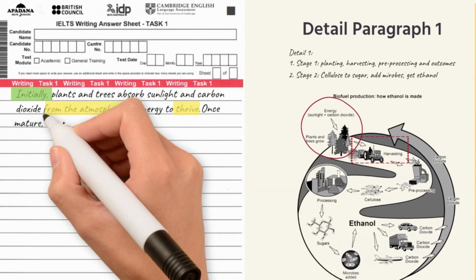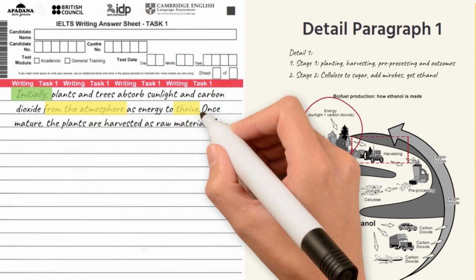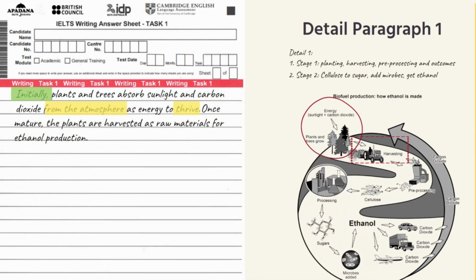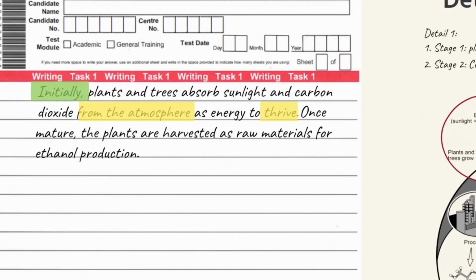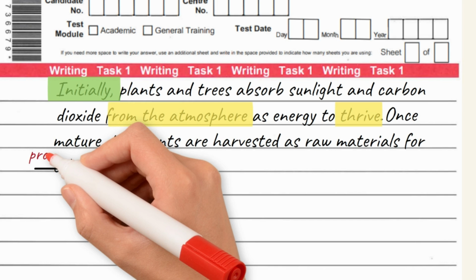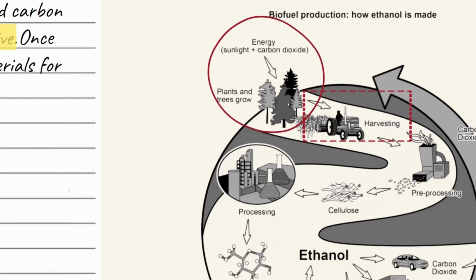Once mature, the plants are harvested as raw materials for ethanol production. As we know, ethanol production is the topic, and we have already used this phrase in the introduction. So here I will paraphrase it again, turning it into for producing ethanol.